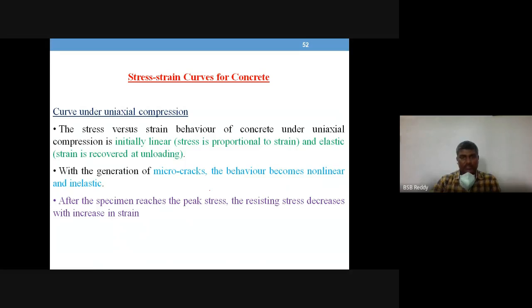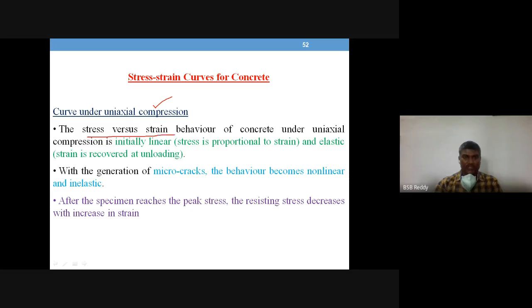So it's like stress strain curves for concrete deformation characteristic, in the sense that when stress is applied, how strain will develop in the concrete. So let us talk about compression first. When you apply compressive stress, how will the compressive strain be in the concrete?